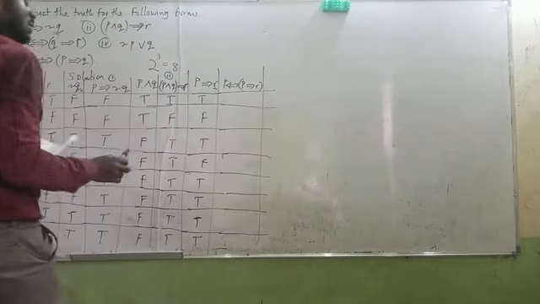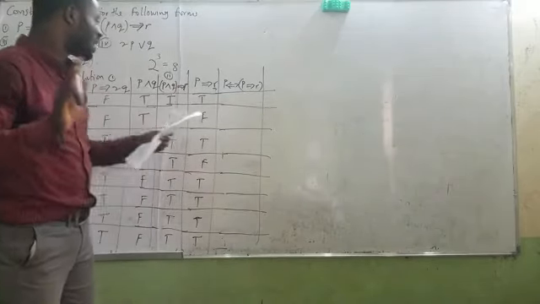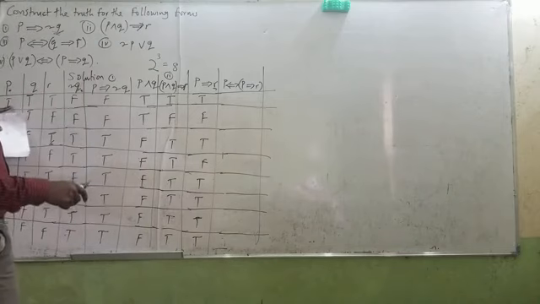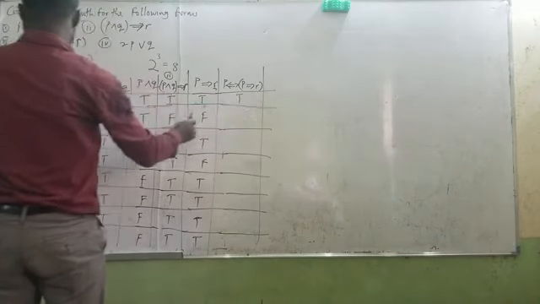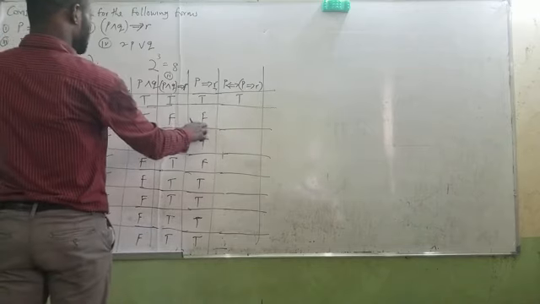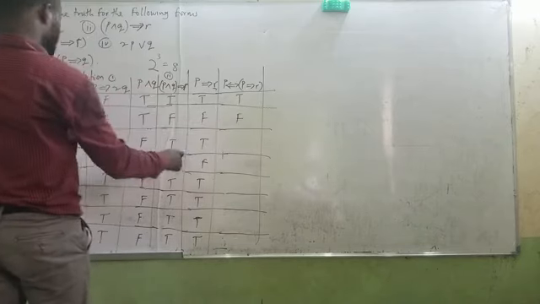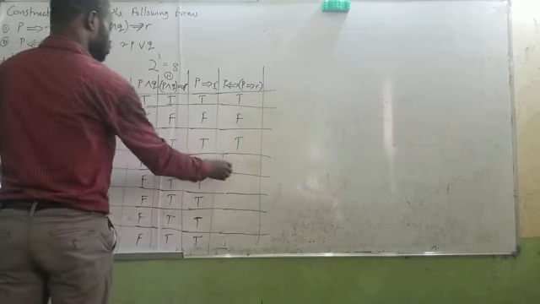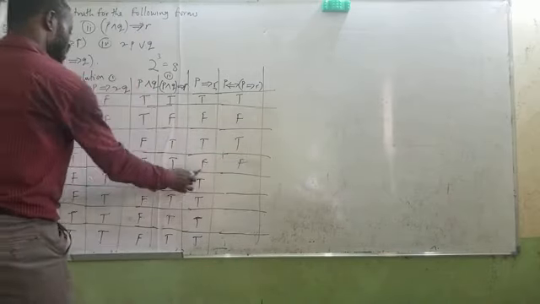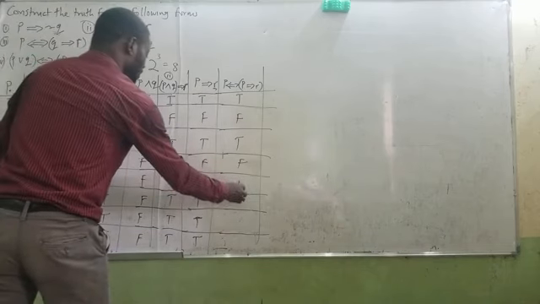P and R means when both are true and both are false. Now, this and this, it will be true. This and this, it will be false. This and this, it will be true. This and this, it will be false. This and this, it will be true. It will be false, rather.